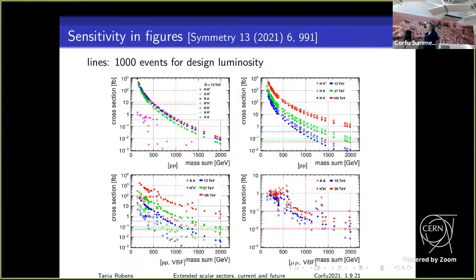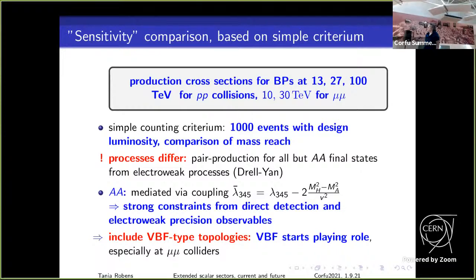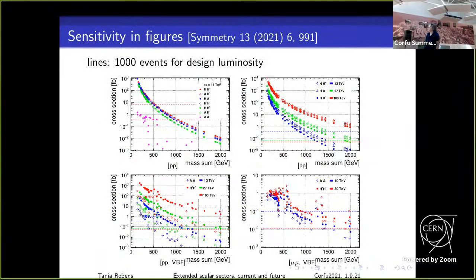Basically all of them follow this pattern of a decay as the mass sum increases, which is due to phase space being the important parameter here. Apart from AA there are slight differences because the couplings are different depending on the process. But for AA, things are jumping up and down, and this depends on this slightly different coupling here.